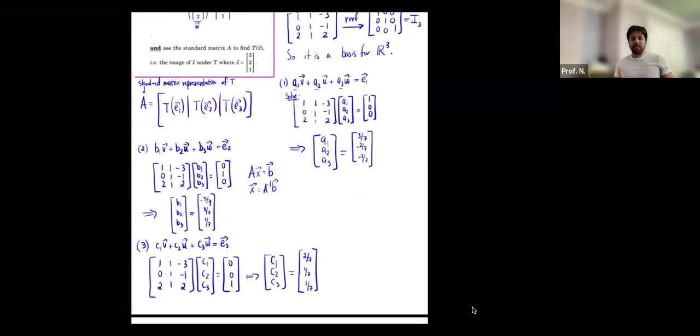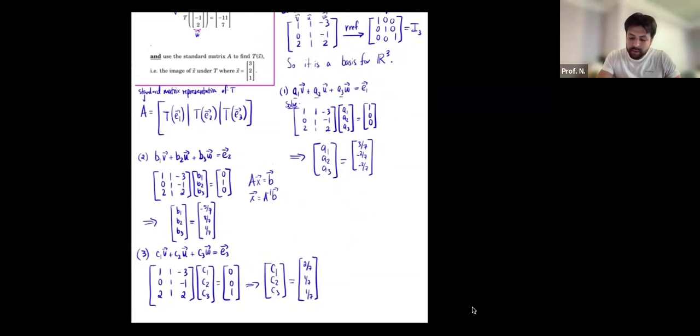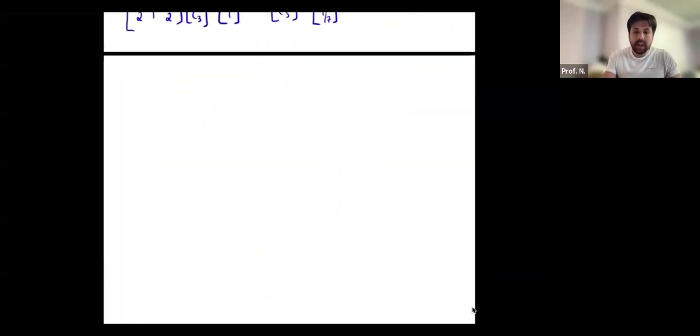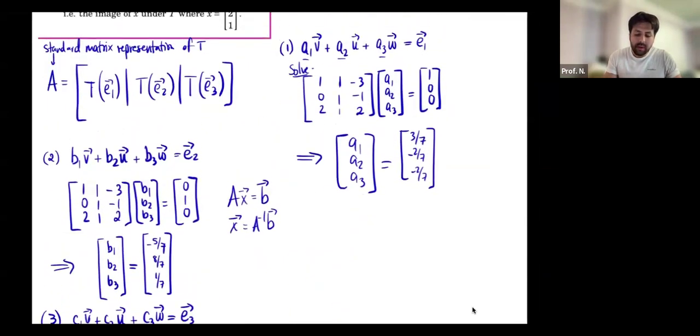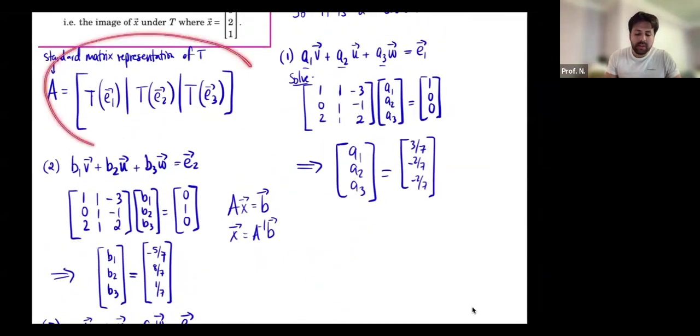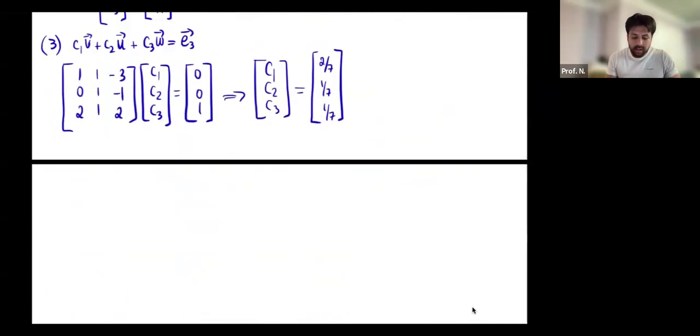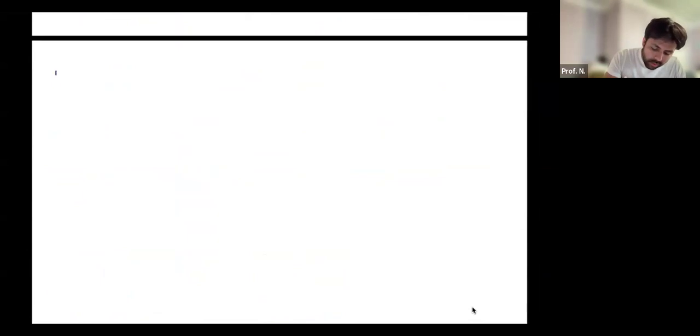Now you may say to me, but why is that necessary? Well, the reason why is because, don't ever forget the overall goal. My overall goal is to figure out this. To figure out the standard matrix representation, I must figure out this. So I want to figure out, what is T of E1? I don't know at the moment, right? But what do I know?